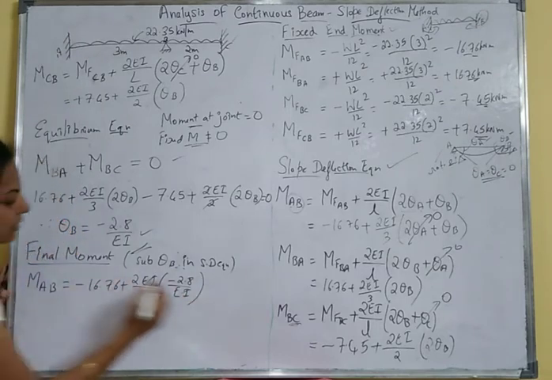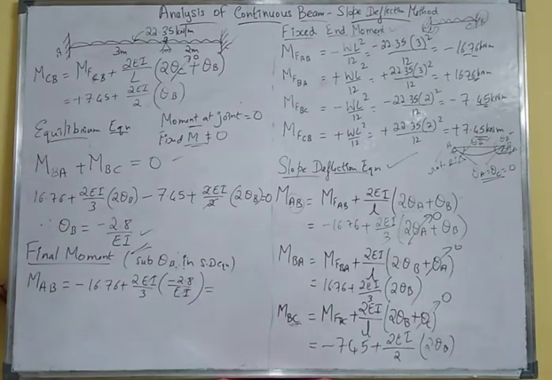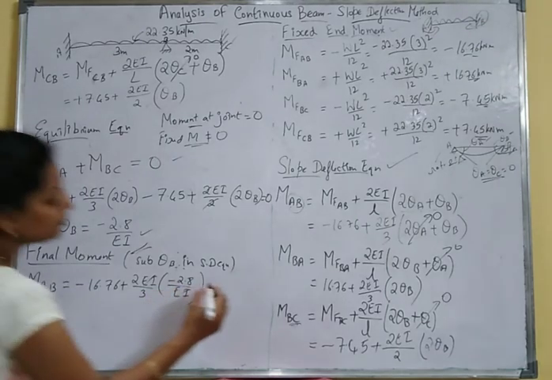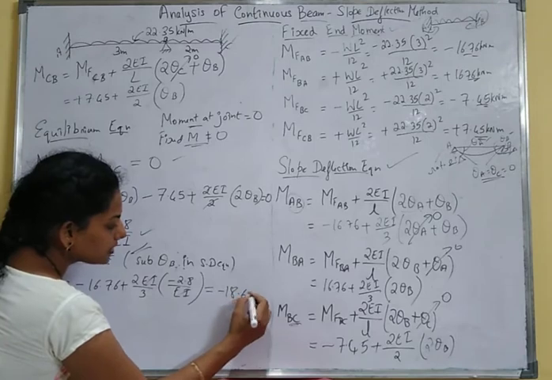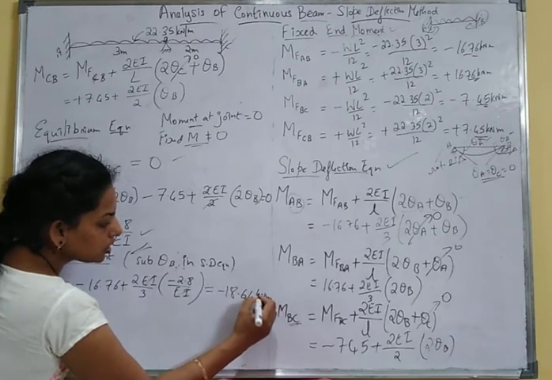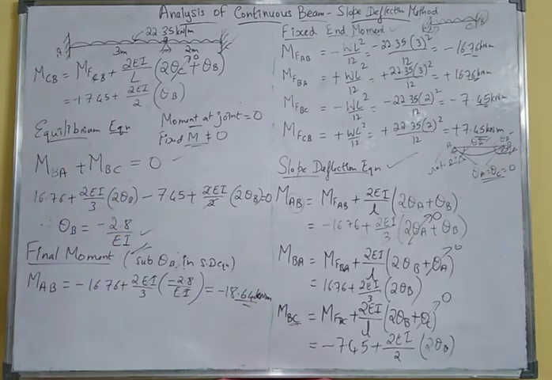EI will get cancelled. Simplify and get the value. So the value will be minus 18.64 kilonewton meter.